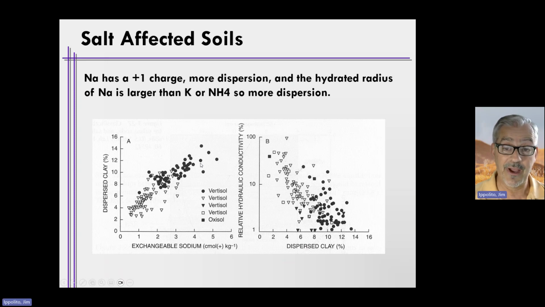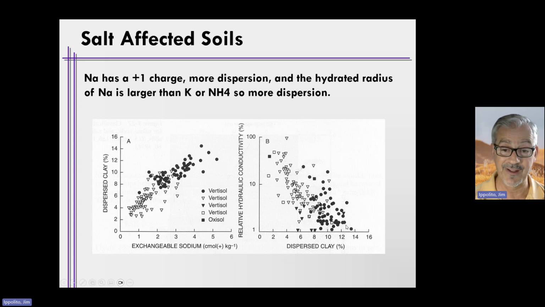Relative to that is hydraulic conductivity as compared to the amount of dispersed clays. This is one study that looked at 3 different factors. If we took the y-axis from the graph on the left and made it the x-axis on the graph on the right and looked at relative hydraulic conductivity, so the amount of water that can move into or through this soil, as the amount of dispersed clays increases, the hydraulic conductivity drastically decreases.